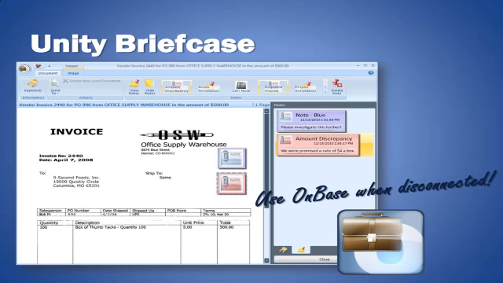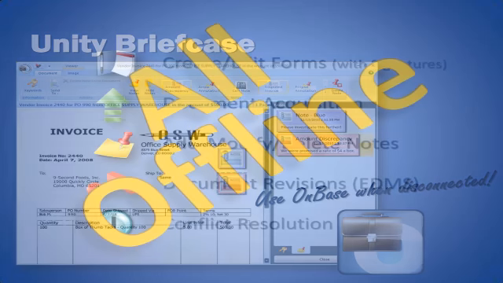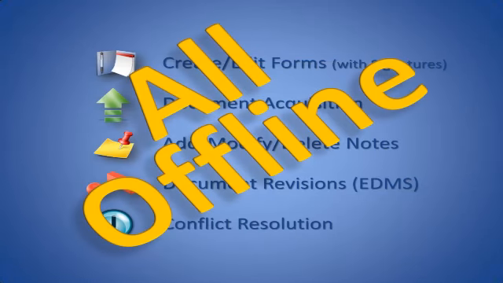So here I'm looking at an OnBase document, and I have my notes panel with my OnBase notes and the ability to add another note without any connectivity whatsoever. So whether you're talking about a field worker, someone in social services making a house call, or an attorney who wants to take the whole case file to court with them, they can take OnBase with them on the road.